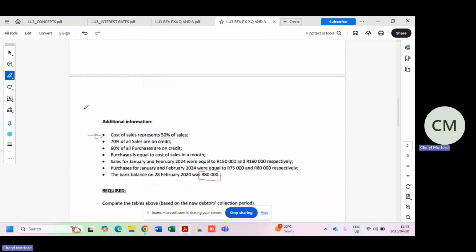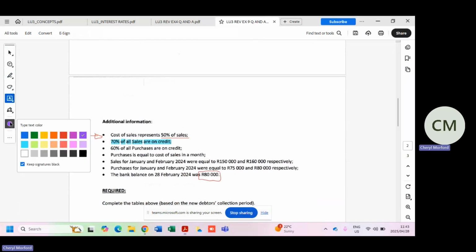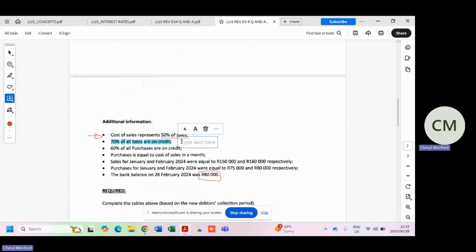And here we have it. So it says that 70% of all the sales are on credit. So what then does that also tell us? This is what we're looking for at the moment. If 70% is credit, it must be that the other 30% must be cash sales.